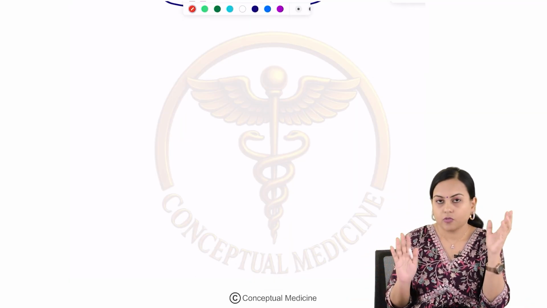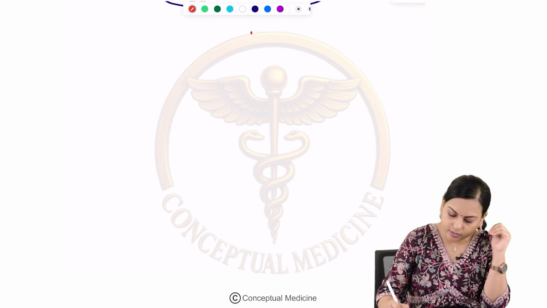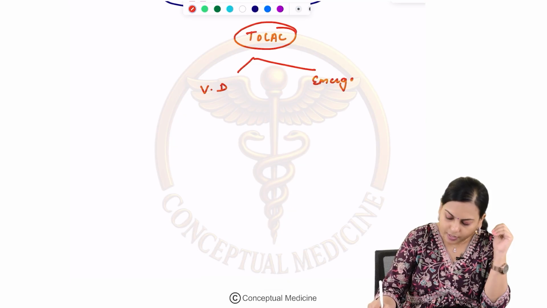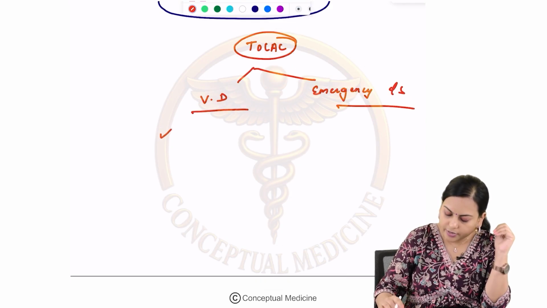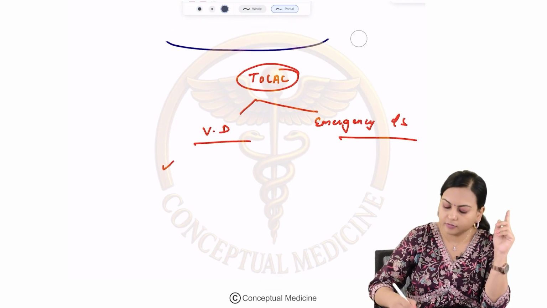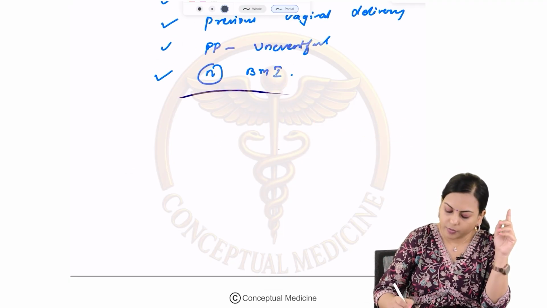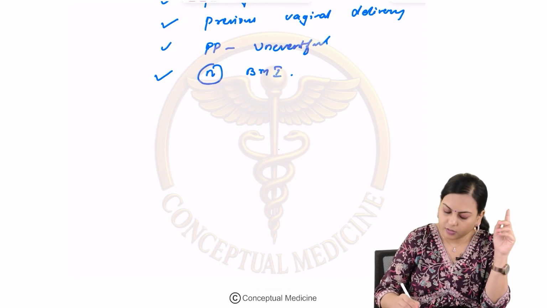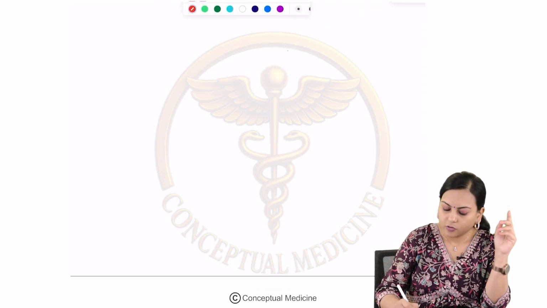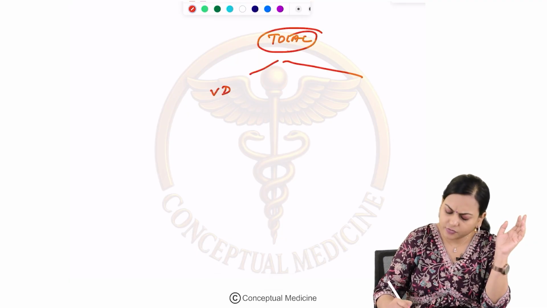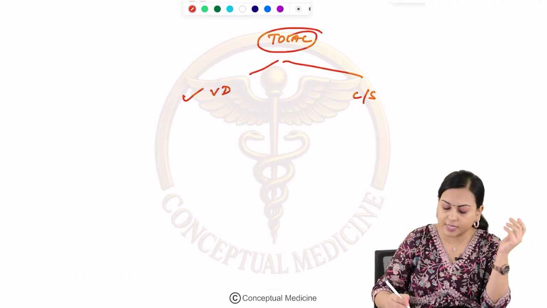We have two outcomes for TOLAC. When you give TOLAC, you can either have a successful vaginal delivery or it can end up in an emergency cesarean section.